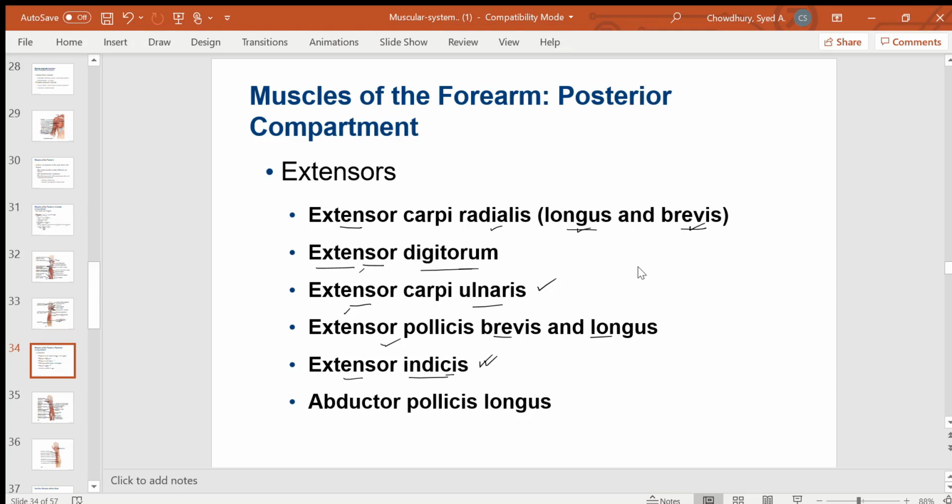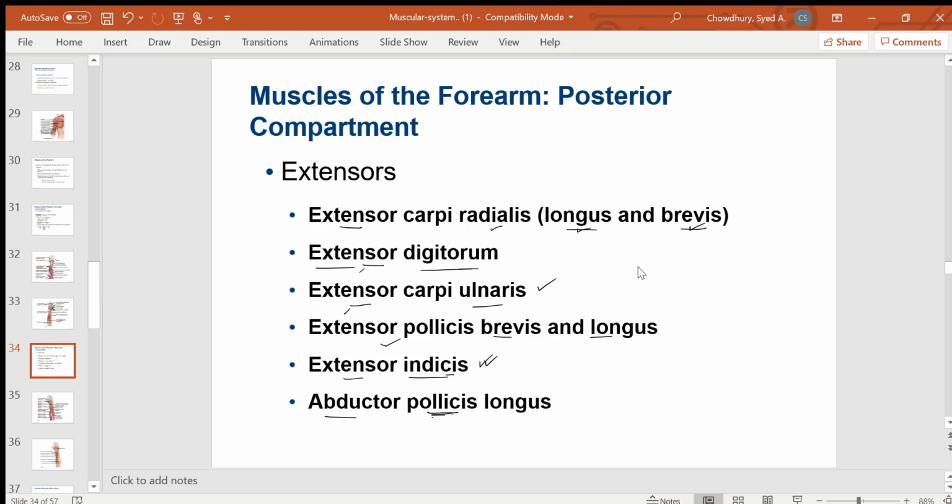You make the index finger extended or straight. And this one, abductor pollicis longus. Pollicis means it will go to the thumb. However, we'll do what? We'll do the abduction, move the thumb away from your hand, laterally.